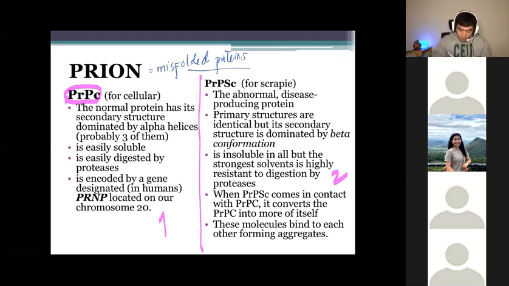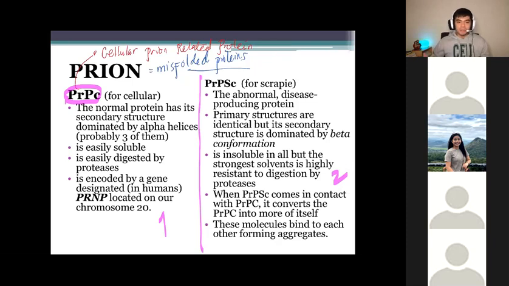So when we say PrPC, it means cellular prion-related protein. Huwag kayong magpapadala sa pangalan kahit may prion na term, normal protein siya sa katawan. Pero related kasi siya, okay?